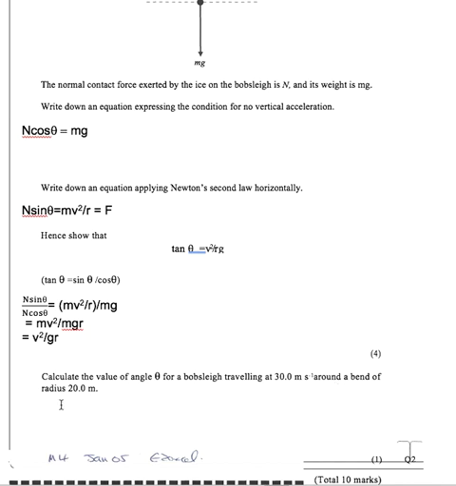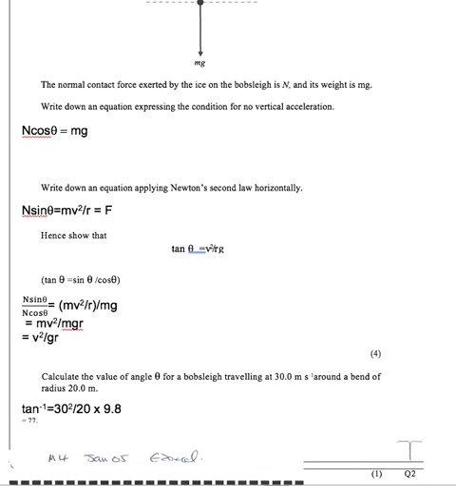So you have v is 30 meters per second, so 30 squared divided by 20 times 9.8, and it's the inverse tan of that, which gives you 77.7 degrees. We've got 3 sig figs for the v and the r. We could give it to 2, we could give it to 3.